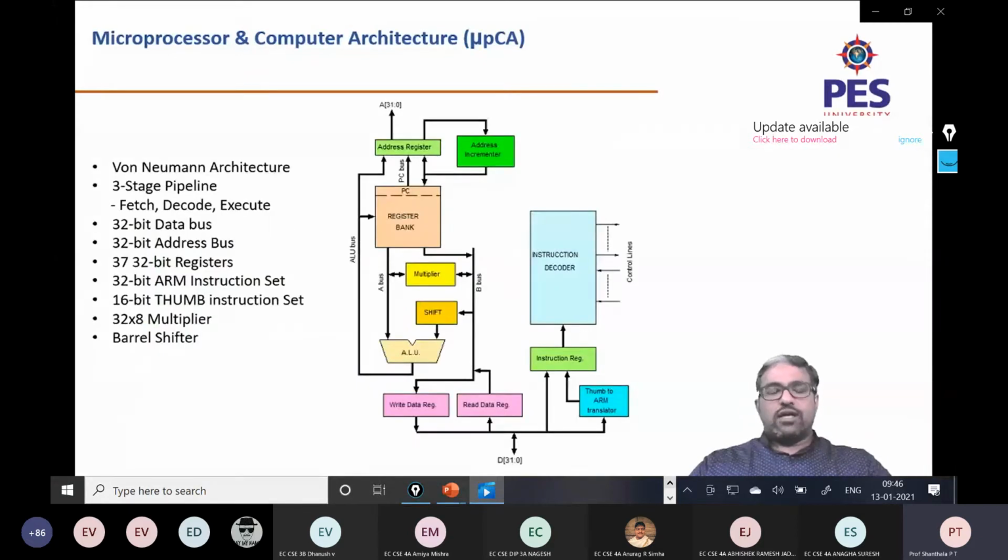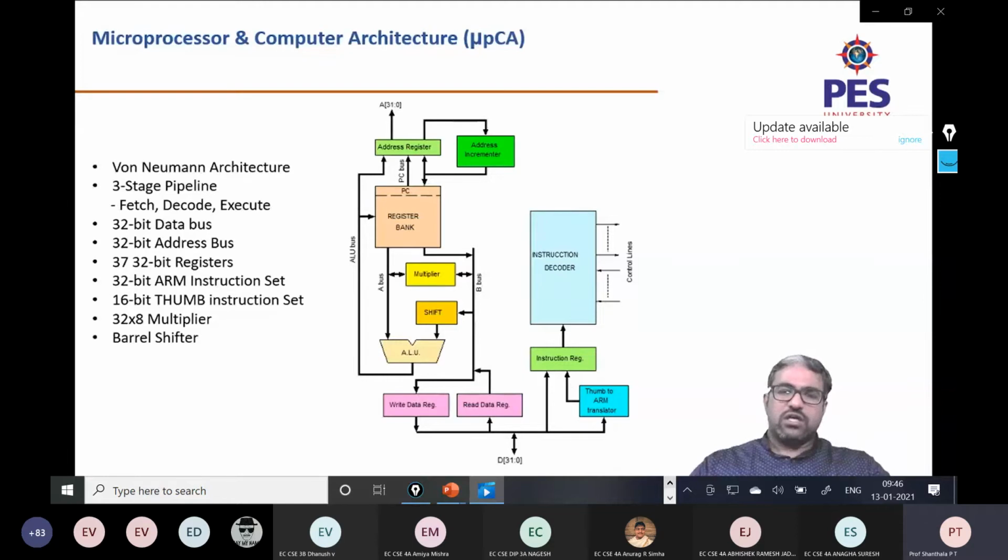Now, looking at the block diagram of the ARM processor, as I told you, the processor is a three-stage pipeline processor which has fetch, decode, and execute, and the operation slides through fetch, decode, and execute.